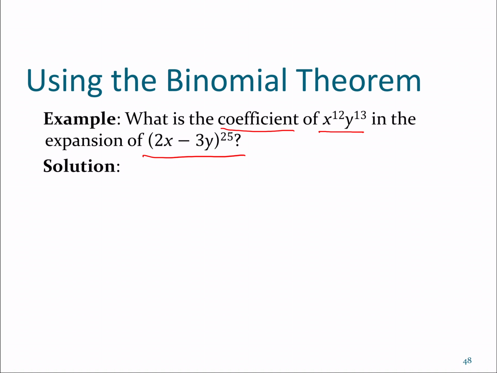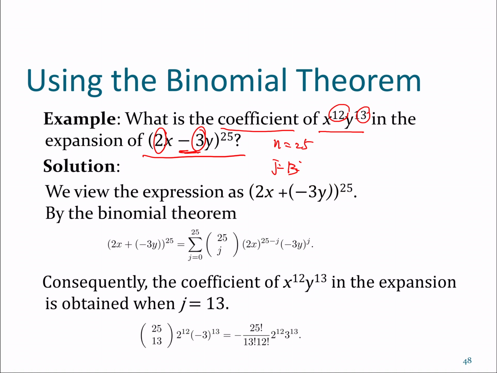First of all, n is equal to 25, and j is equal to 13. You can use these two numbers to calculate. And don't forget there are coefficients on x and y. The coefficient for y is minus 3, so don't forget the minus.